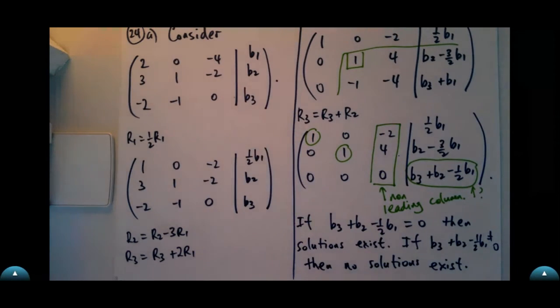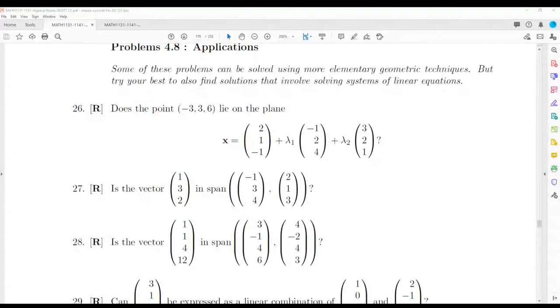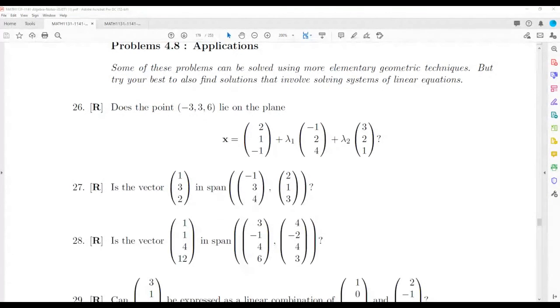All right, let's do one more question. All right, and it's one of these geometric questions. Okay, so let me just do some stuff in GeoGebra in the background, but I'll just share the PDF with you. So you should be able to see that. I'm looking at question 26 here.